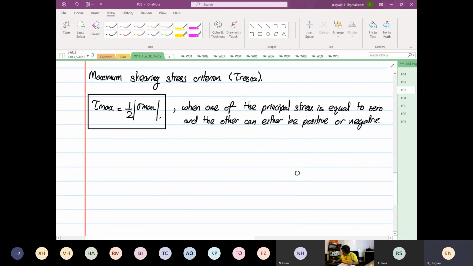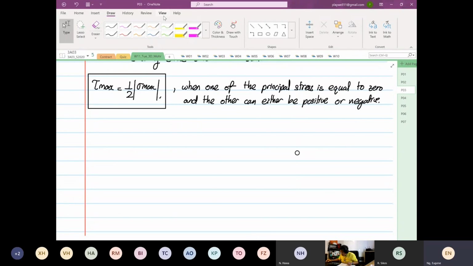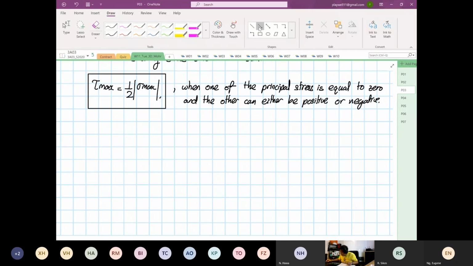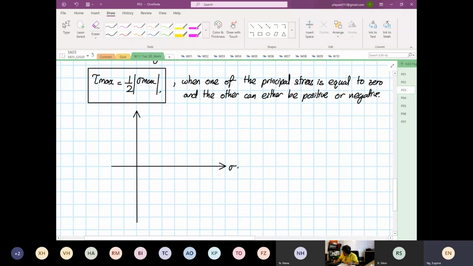Okay, so if we have to sketch this out, okay, we have to sketch this out. So you have, this is your normal stress. This is your shearing stress. Element rotate clockwise, anti-clockwise. So one of the principal stress, okay, so this is stress A, is at 0, and then stress B is over here.